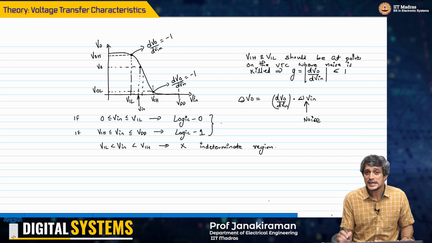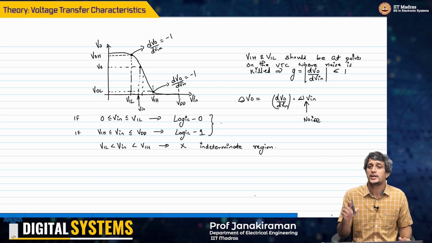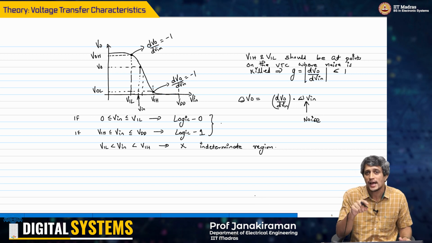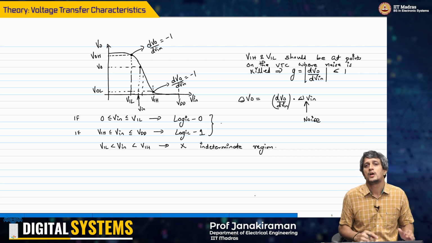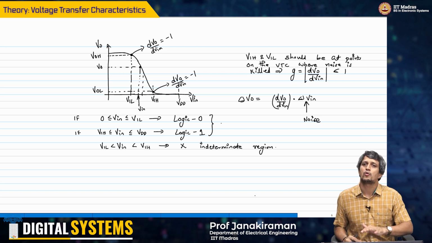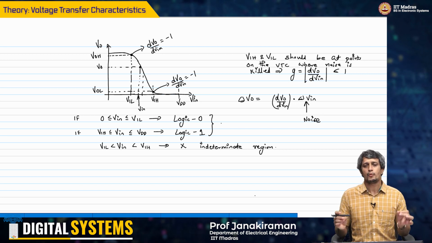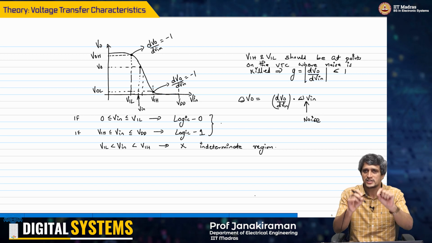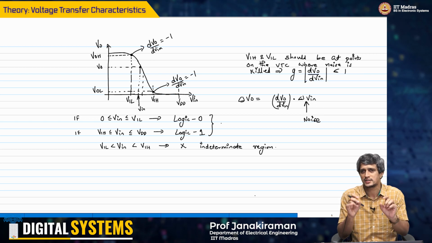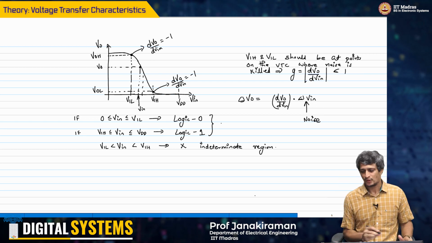But in the indeterminate region, the output is determined by the polarity of the noise, and therefore it could be 0 or it could be 1, so it is not consistent and cannot be used. The input should not be given in this region if you want to operate it as a logic gate.